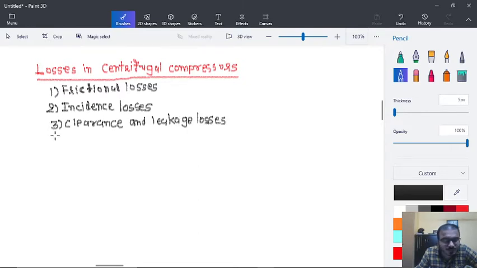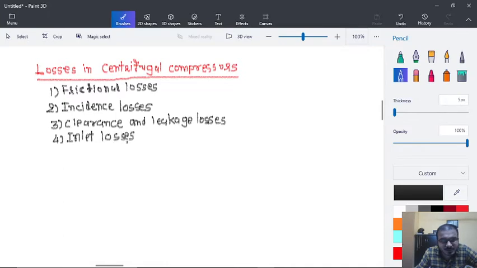And the fourth one is inlet losses. So we are going to discuss them one by one.